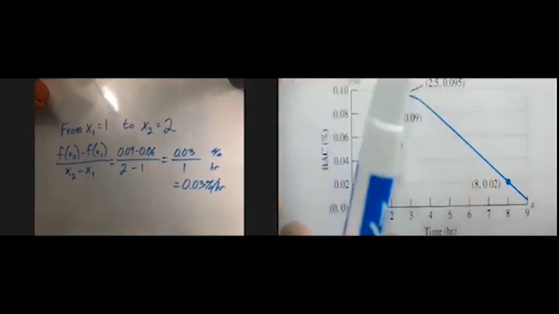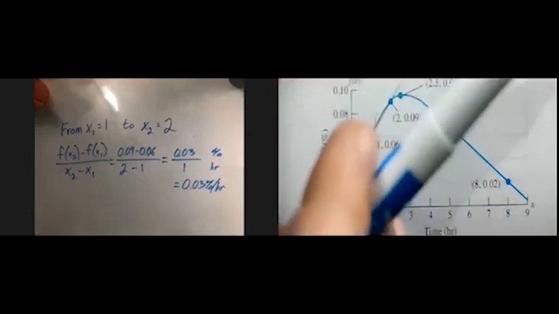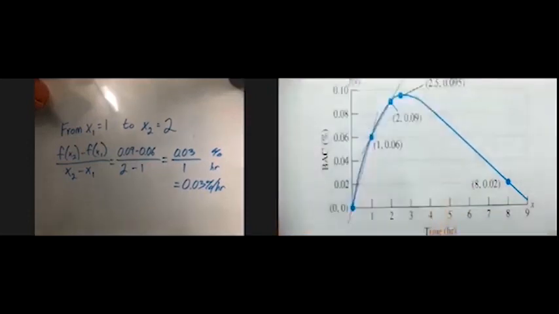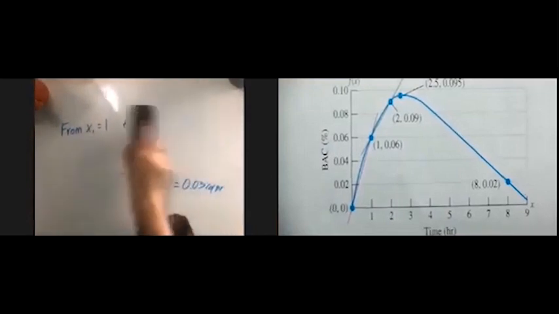And we can see that the lines are getting shallower. The slope is getting smaller. So the average rate of change, percent per hour, is getting shallower. It's getting smaller.